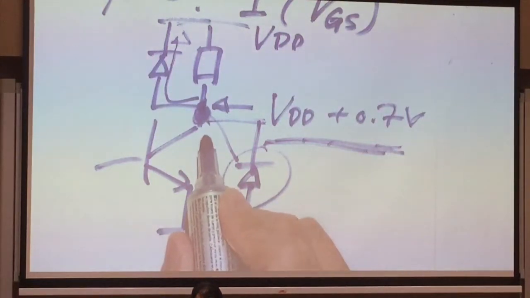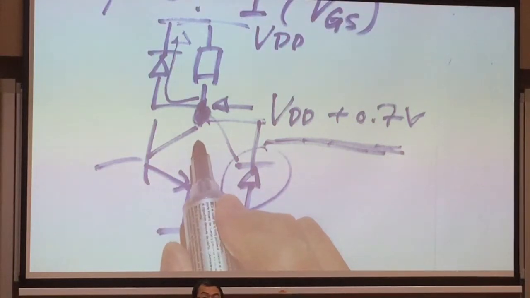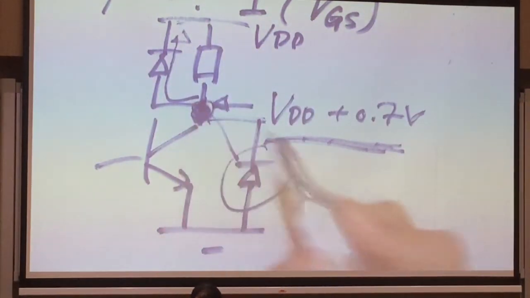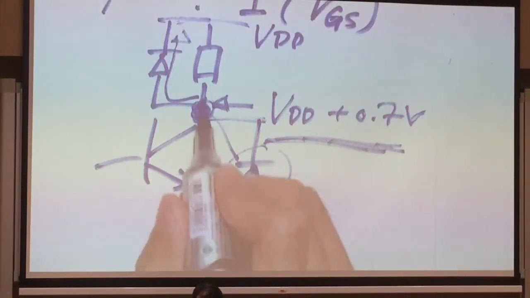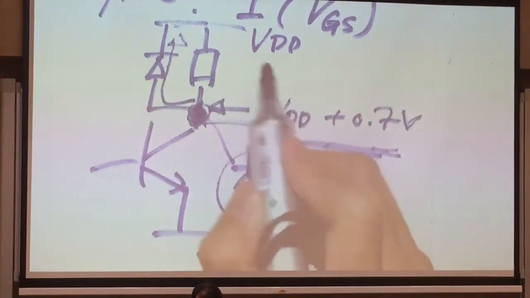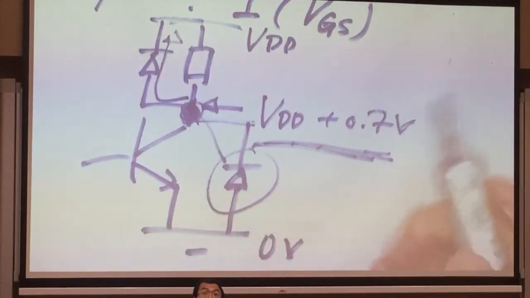if this voltage can become negative voltage, right? You may ask me, why can this voltage be negative? Because I have 0 volts here, you have a VDD here. Why can your voltage here be negative?